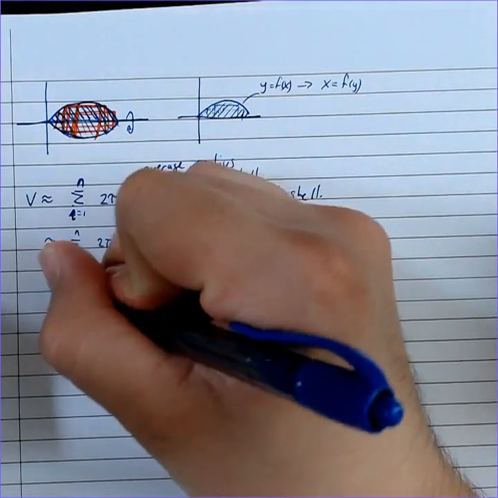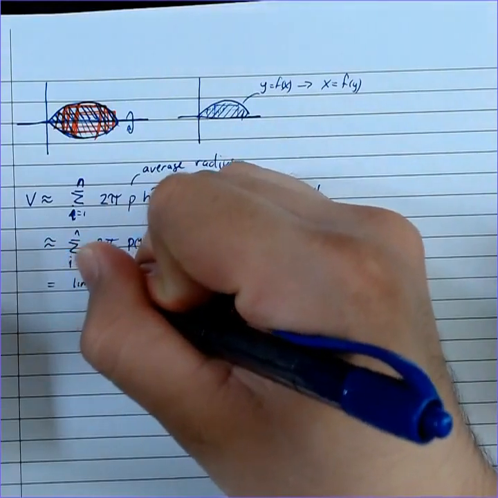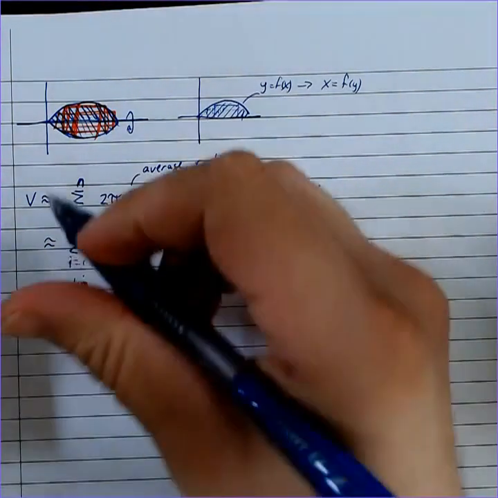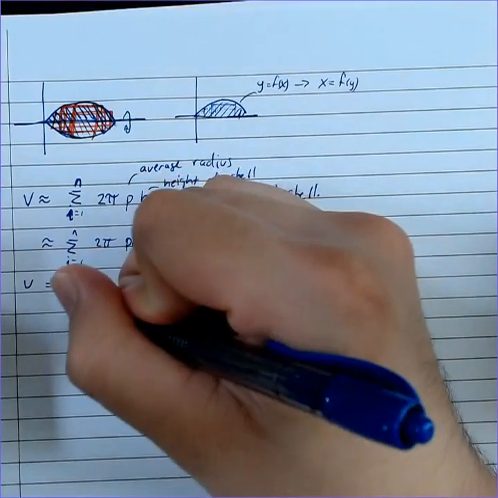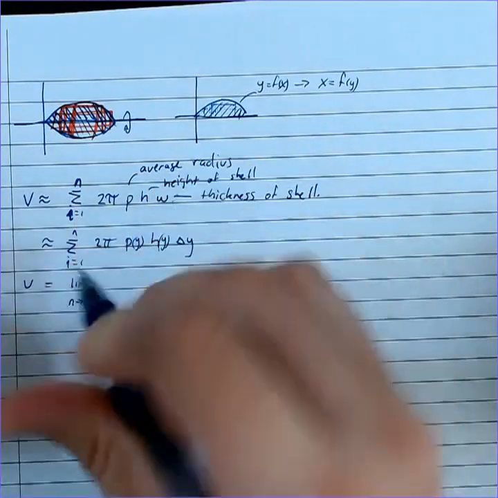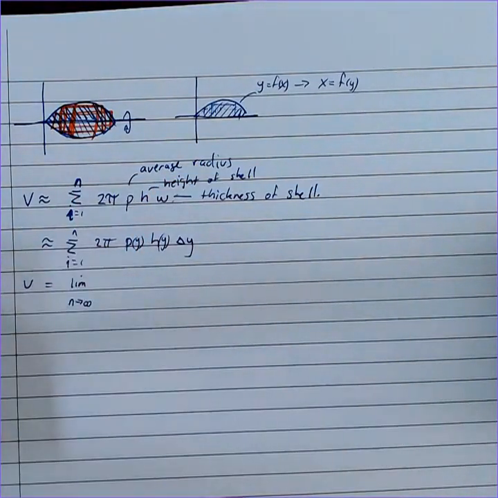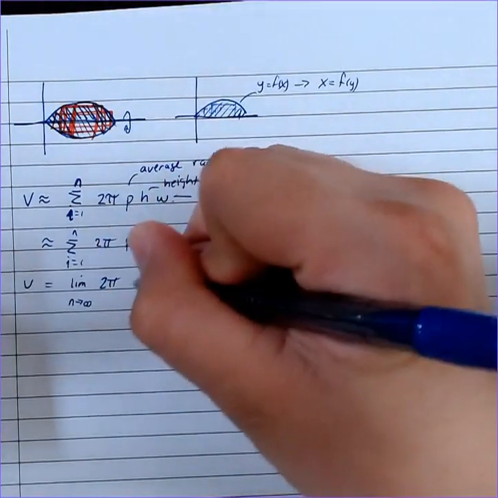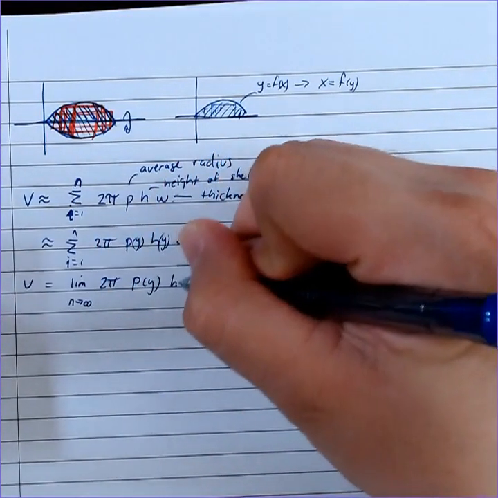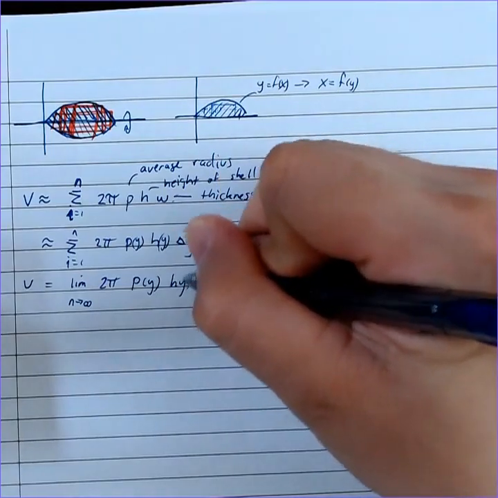And so here we can say, instead of approximating the volume, that's going to be equal to the exact volume if we take the limit as n approaches infinity, as these get more and more numerous, of 2 pi times p(y) h(y) delta y.